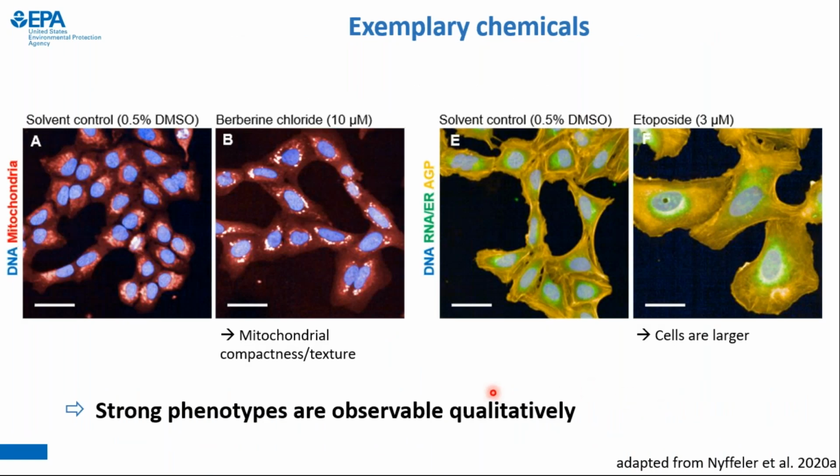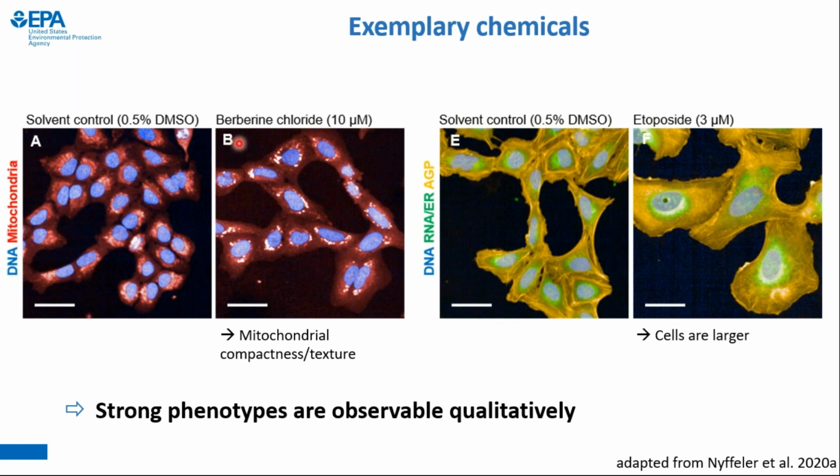Here are some example images. On the left side, you can see in panel A, untreated cells labeled for the nucleus in blue and for the mitochondria in red and whitish. And so you can see that the mitochondria sit next to the nucleus.